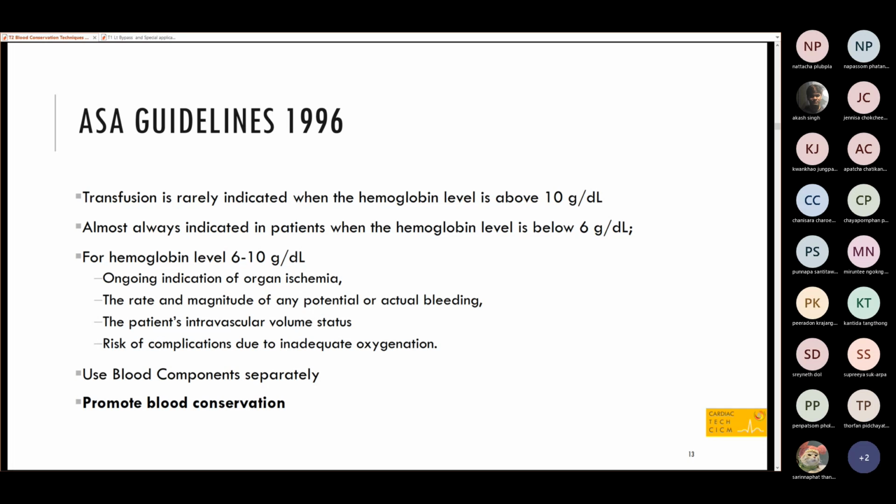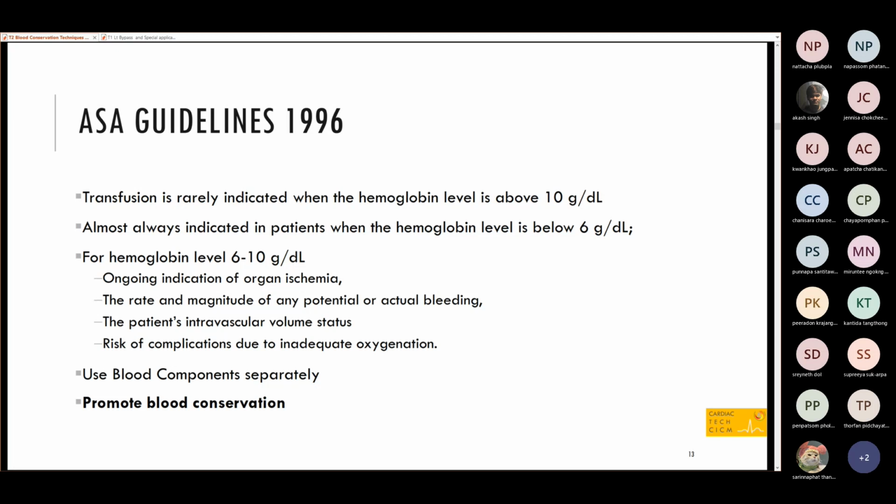From the previous guideline, transfusion is indicated when the hemoglobin level is lower than 6. So we need to maintain the patient's normal level, like in women, maybe 10 to 13.